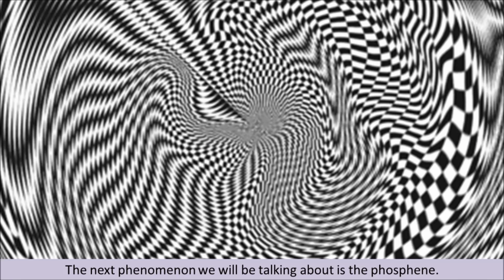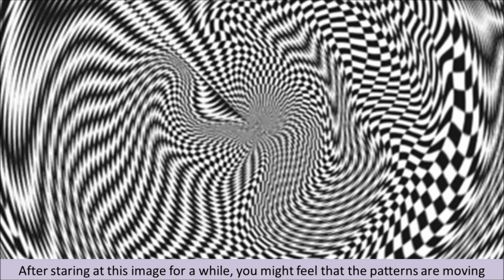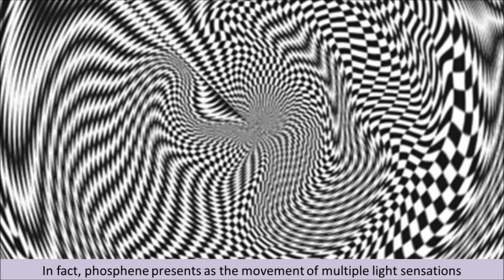The next phenomenon we will be looking at is the phosphene. After staring at this image for a while, you might feel that the patterns are moving. In fact, phosphene presents as the movement of multiple light sensations, without any presence of light.